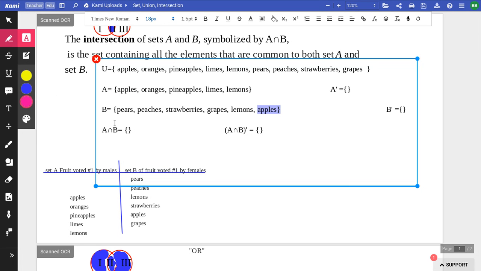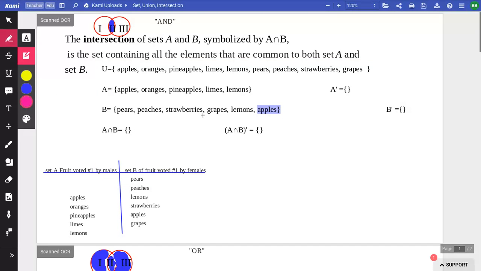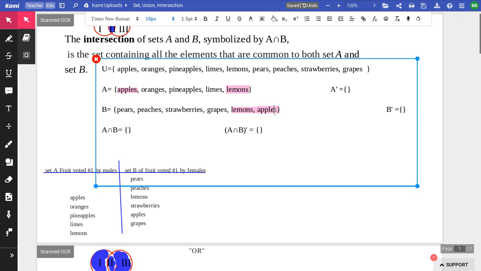So apples are in both. And what else is in both? Lemons. Do you see anything else that's in common? So we have apples and lemons.